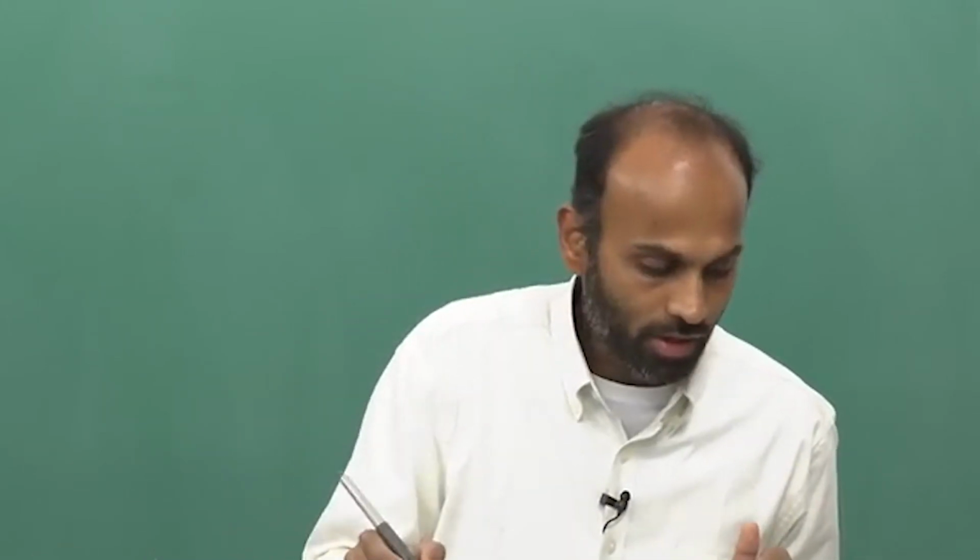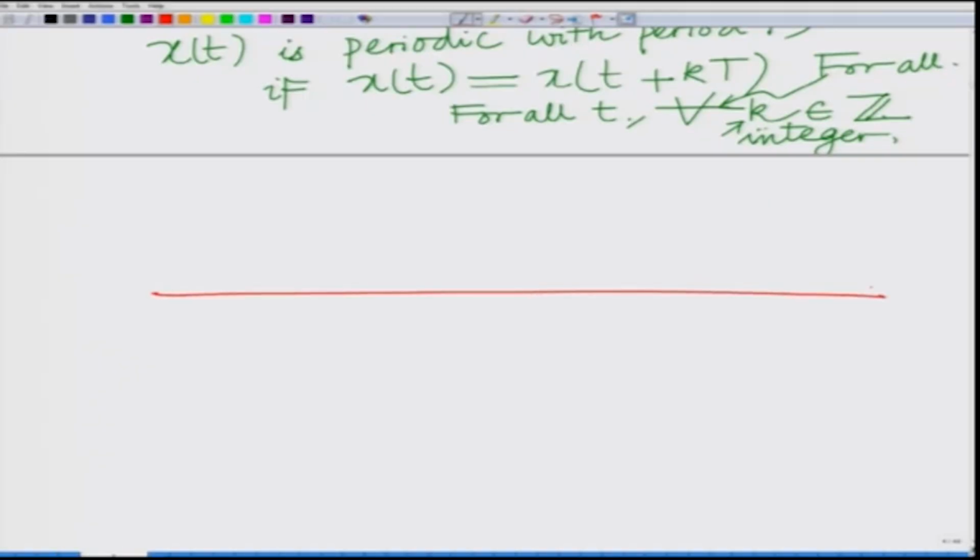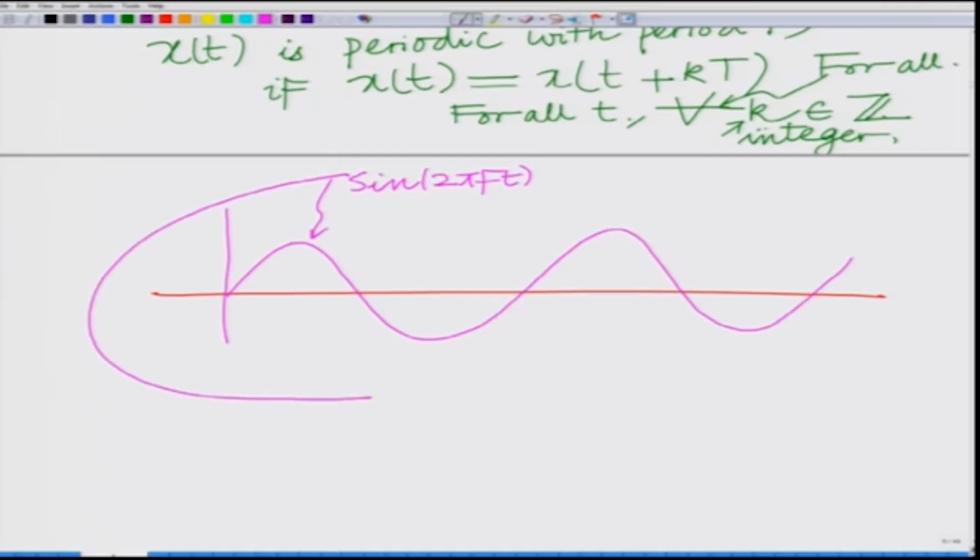For instance, one of the very popular examples of a periodic signal is a sinusoidal signal, that is, if you have sine 2 pi f t, this is a periodic signal, alright.